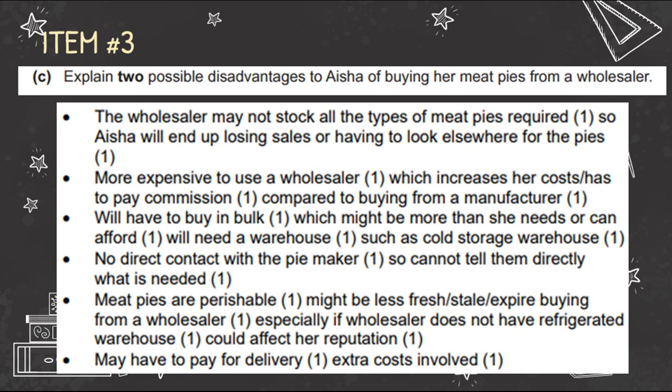So I would suggest to Aisha, instead of buying meat pies from the wholesaler, how about she buys from a manufacturer? In this way, it will decrease her cost. And remember that she may have to pay for the delivery.